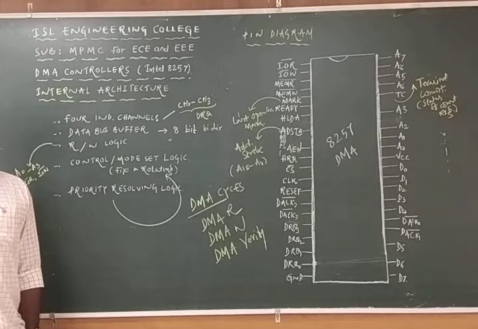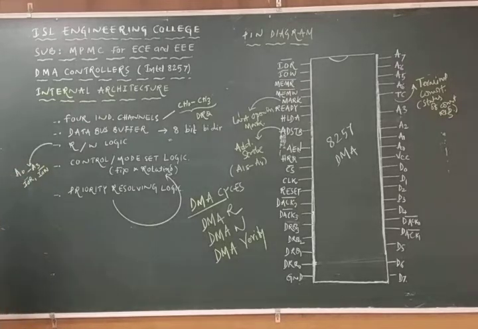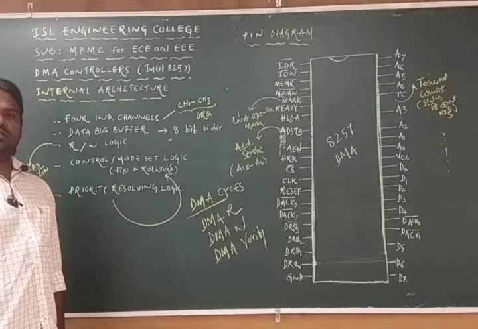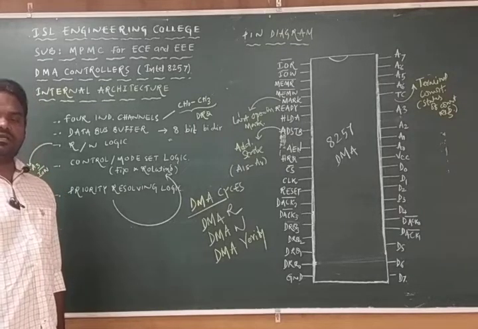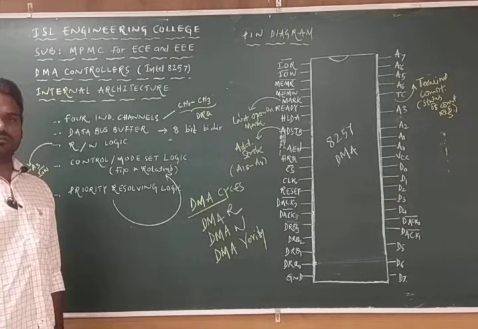This process is needed whenever the input-output devices want to access data from the memory with the involvement of the processor. But by making use of the DMA, that is direct memory access integrated circuit, the input-output devices can directly access the memory, so that the data rate between the memory and input-output devices will be higher.